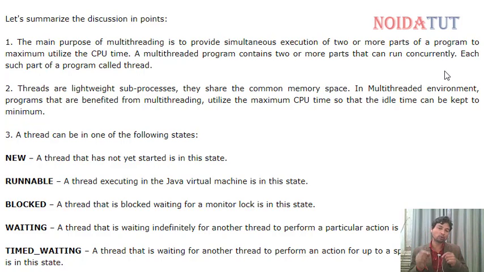Each such part of a program is called a thread. Threads are lightweight subprocesses. They share the common memory space. Programs that benefit from multi-threading utilize the maximum CPU time so that the idle time can be kept to a minimum.